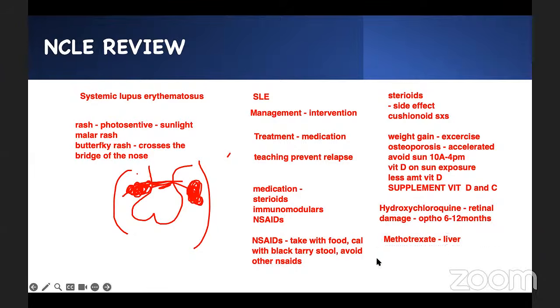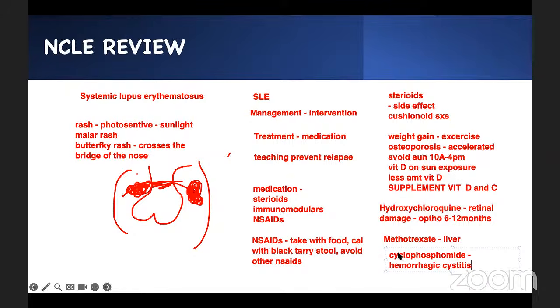Okay, they can also have cyclophosphamide. What do you guys think? Major side effect of cyclophosphamide. Hemorrhagic cystitis. It's hemorrhagic cystitis. This is a major side effect of cyclophosphamide.